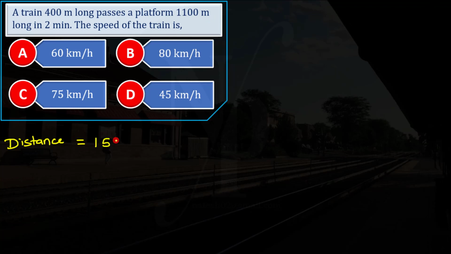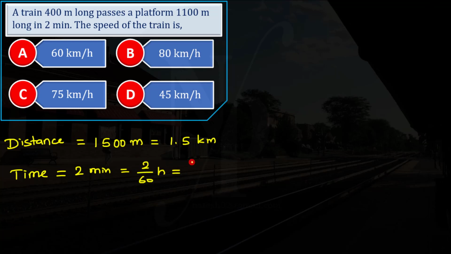I am adding and writing here 1500 meters is the total distance travelled by the train in 2 minutes, which can be written as 1.5 kilometers, and time is 2 minutes, which is equal to 2 divided by 60 hours or 1 by 30 hours.